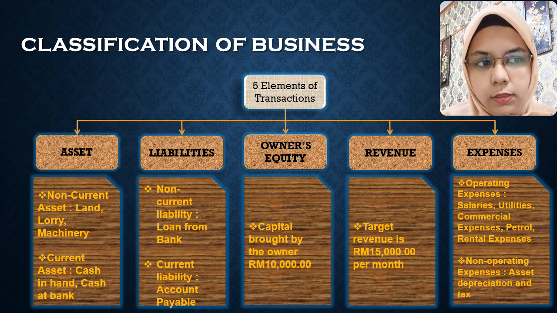Operating expenses that have been spent by this company are salaries, utilities, commercial expenses, rental expenses, and petrol. Non-operating expenses that occur in this company are asset depreciation and tax.